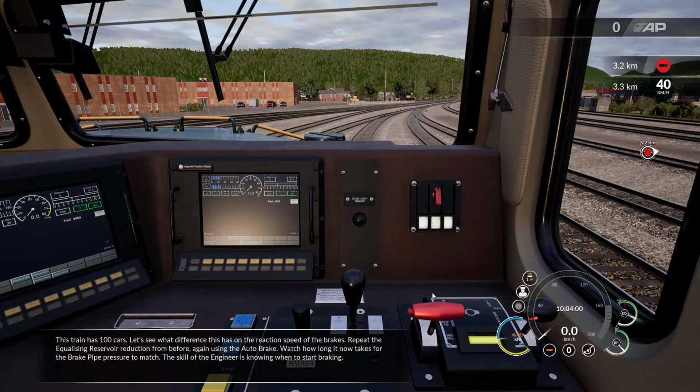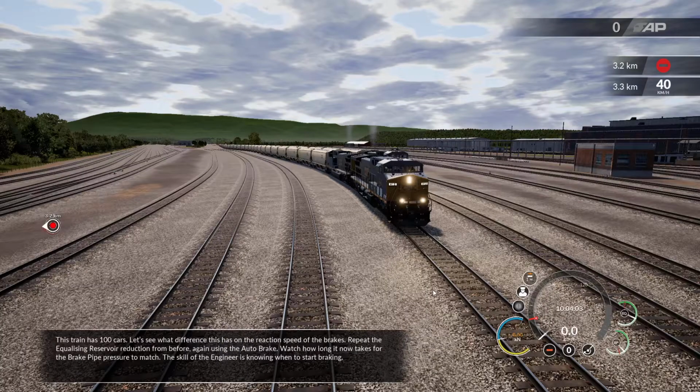This train has 100 cars. Let's see what difference this has on the reaction speed of the brakes.